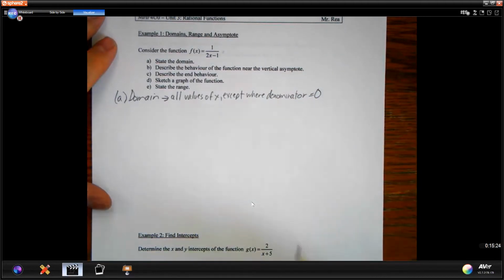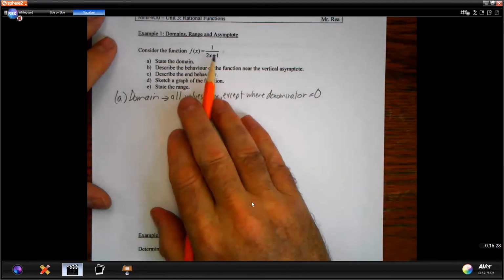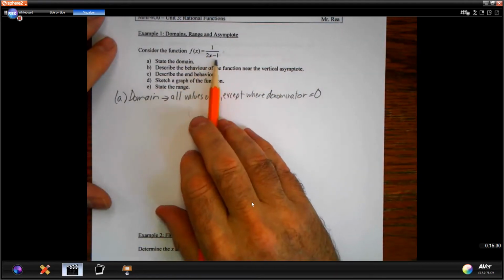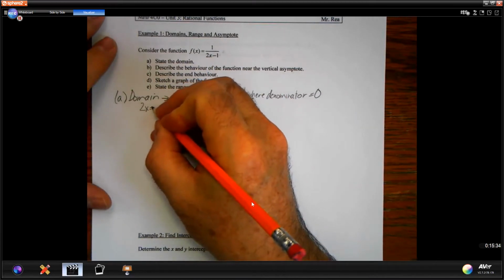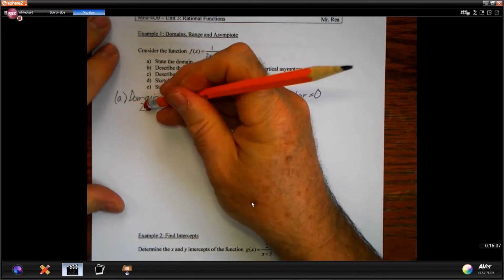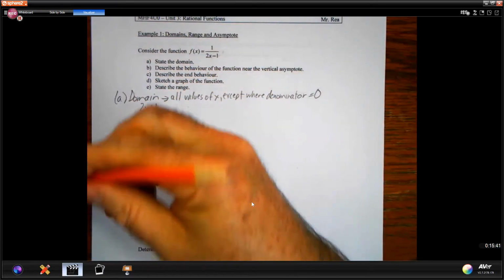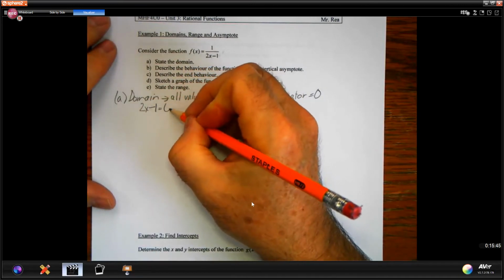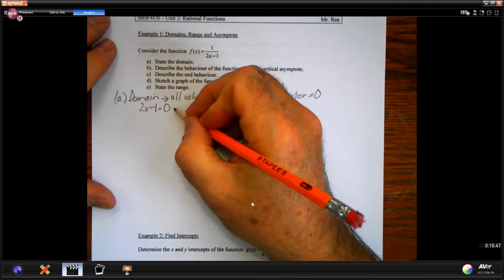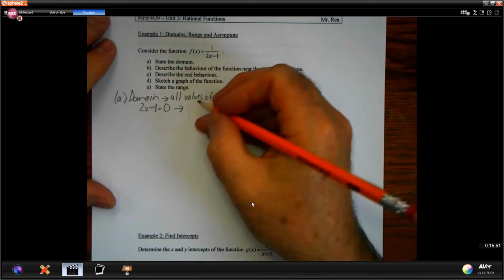Okay, and this will be a step that you don't have to do every time, but if I want to find out what that value of x is, I just set the denominator equal to 0. So in this case, 2x minus 1 equals 0. And I'm not going to go through every step of solving a linear equation, but it's 2x equals 1, so x equals 1/2.